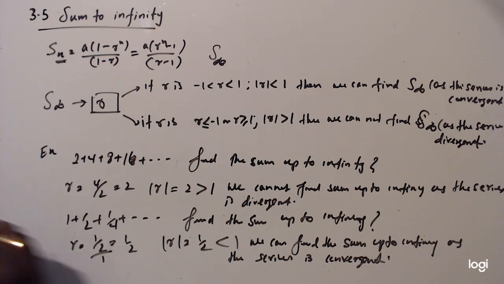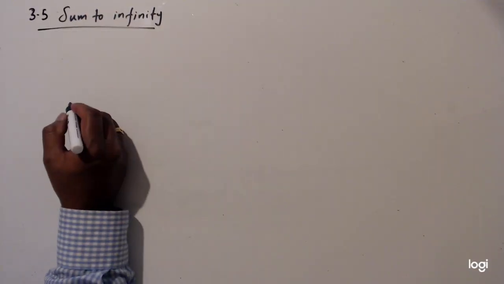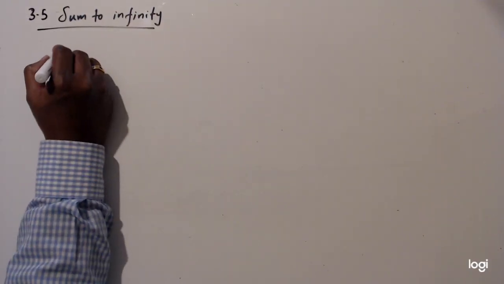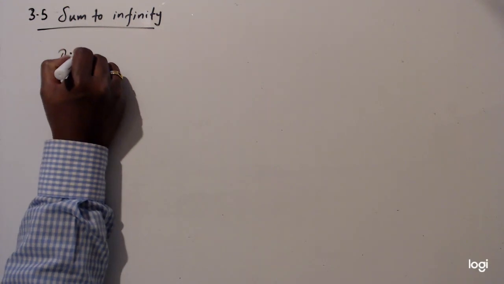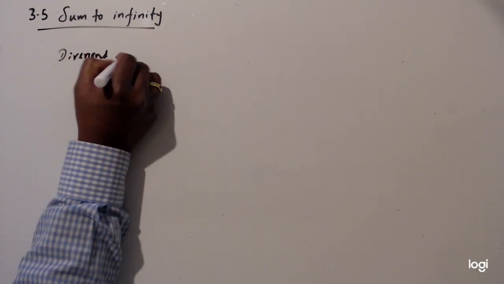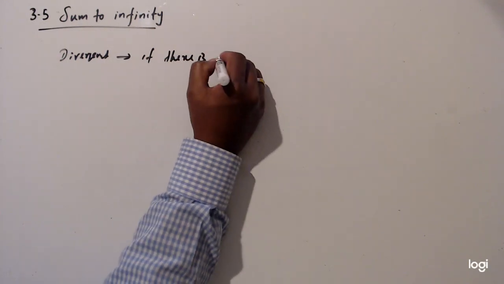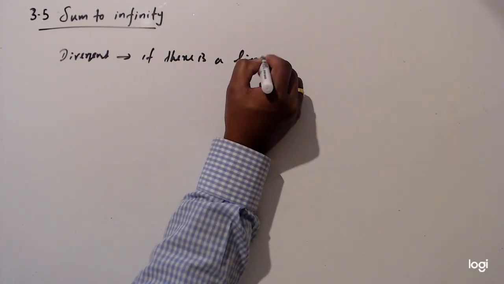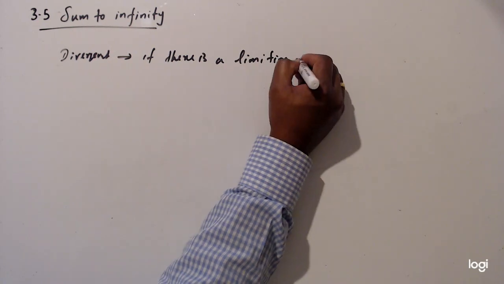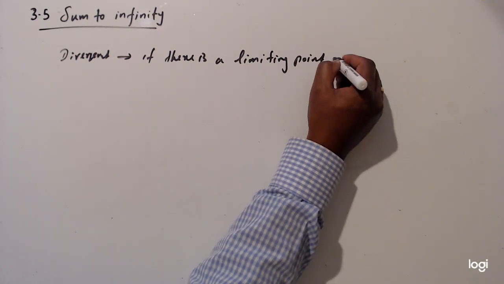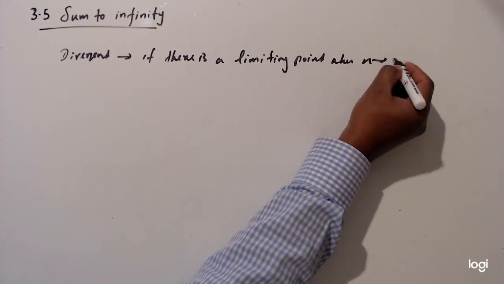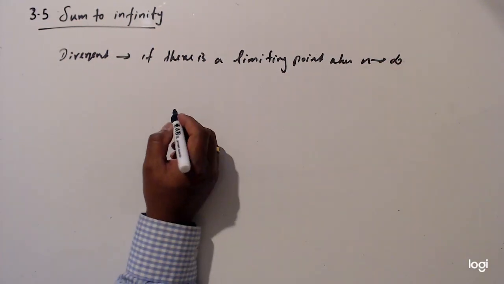Now we will find what is convergent and divergent. A series is convergent if there is a limiting point when n goes to infinity.